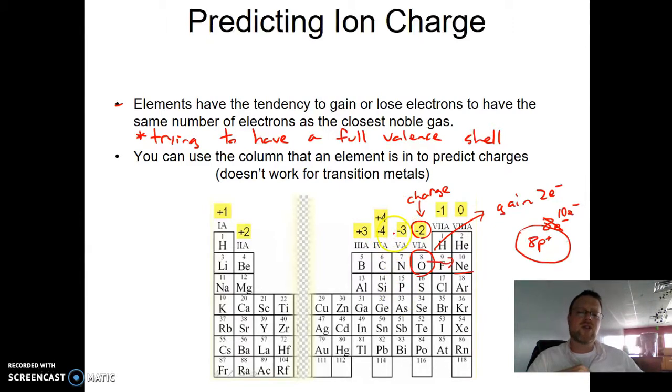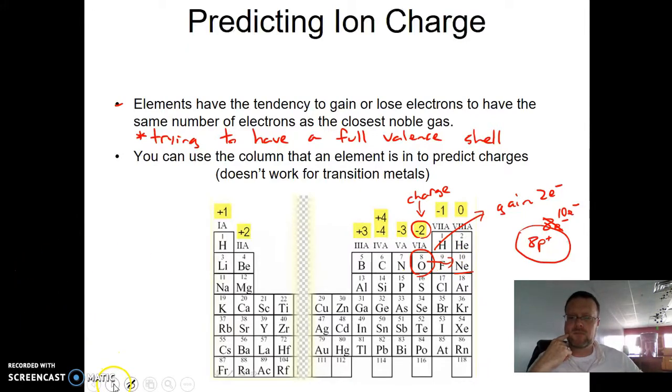For the nitrogen family, now we're actually going to start counting back down in negative numbers. So nitrogen family is -3, oxygen family is -2, and these are -1. The reason we switched to negatives right here is because all of these would have to gain electrons to get to their closest noble gas, whereas these guys are going to have to go down in terms of the number of electrons to get to the previous noble gas's number of electrons.